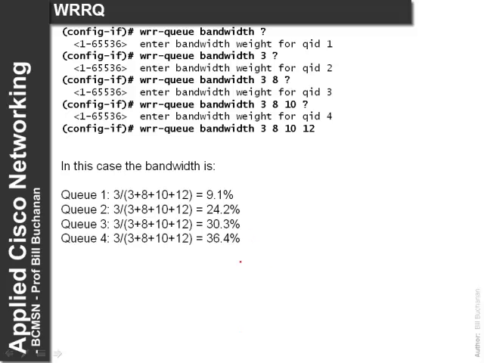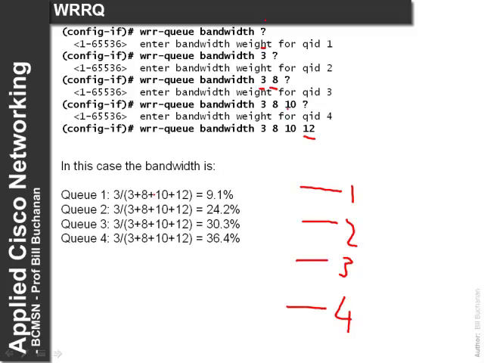For weighted round robin, WRRQ, we can actually define the priorities for each of the 4 queues. In this case, we define for Q1, Q2, Q3 and Q4 the values of 3, 8, 10 and 12.